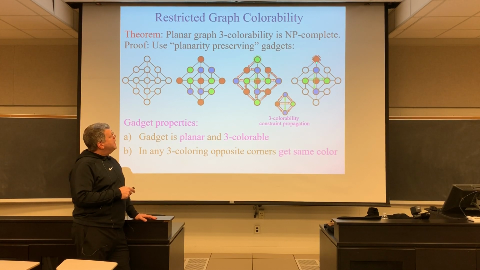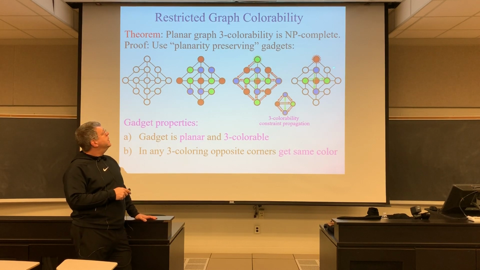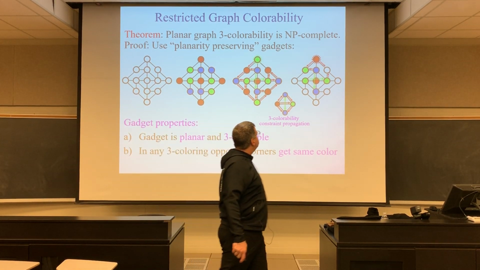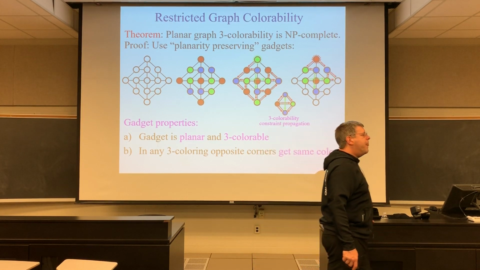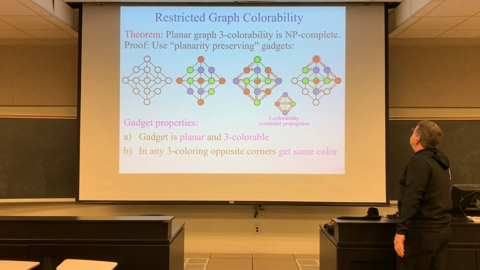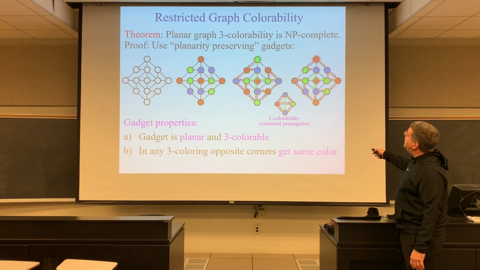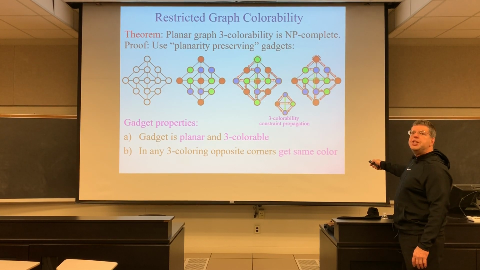So the other case is if this was painted red, not green. That was the alternative case. And you'll have a similar propagation of constraints there. If you follow the constraints, everything is automatically forced to be painted these following colors. But the bottom line is that this end and that end must have the same color.